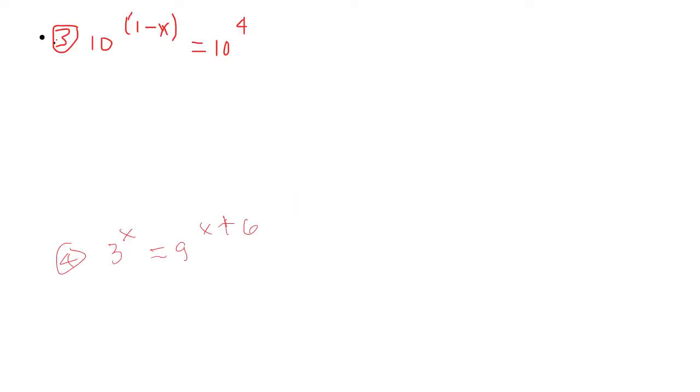Ten to the power 1 minus x equals 10 to the power 4. So simply this one becomes 1 minus x equals 4. So minus x equals 4 minus 1, so x equals minus 3.